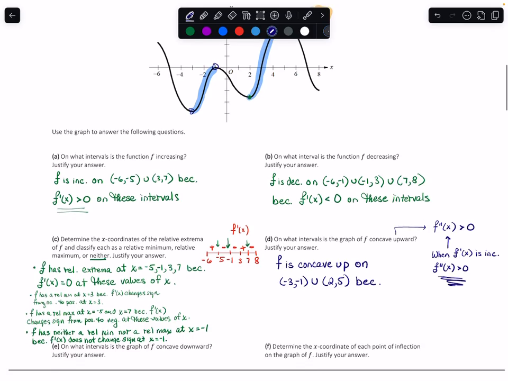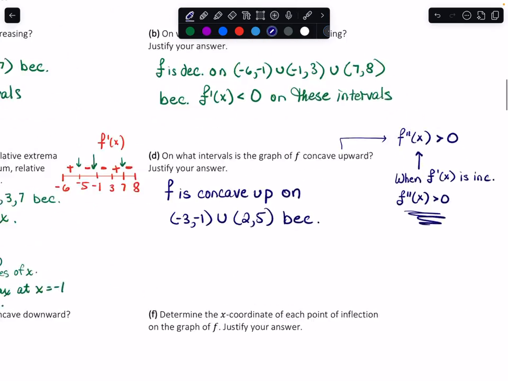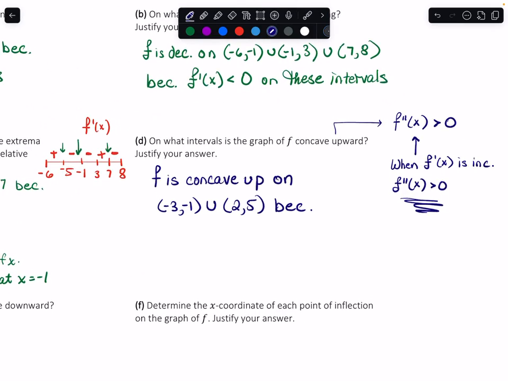So in this situation, when I only have f prime in front of me, I really cannot say it's because f double prime of x is greater than 0, because then somebody's going to say, well, how did you know that? And the answer is to say instead, because f prime of x is increasing on these intervals.